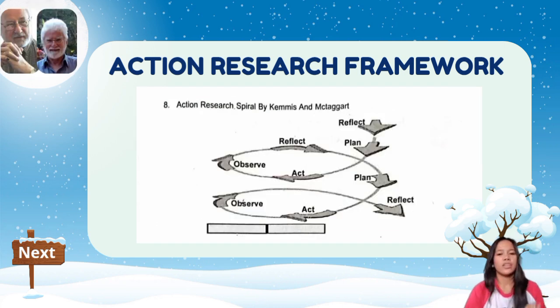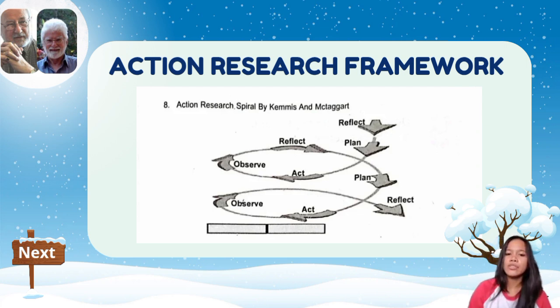Kemmis and McTaggart described action research as a spiral process. The process begins with planning a strategy to solve a problem. After planning, the researcher takes action by implementing the plan. While the action is happening, the researcher observes what's taking place and collects information about the result.